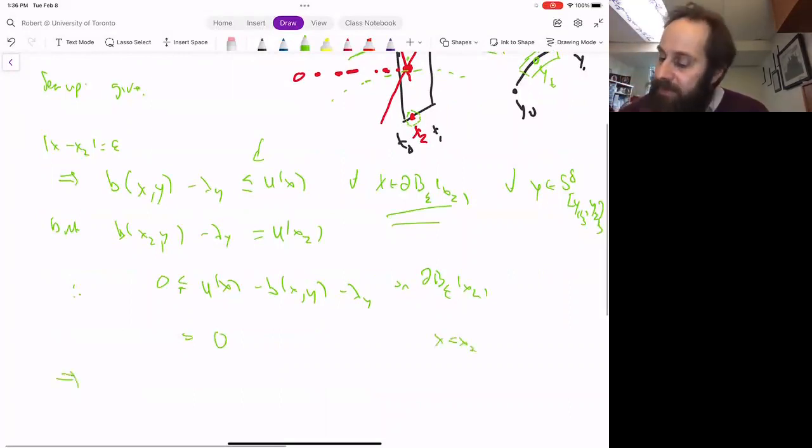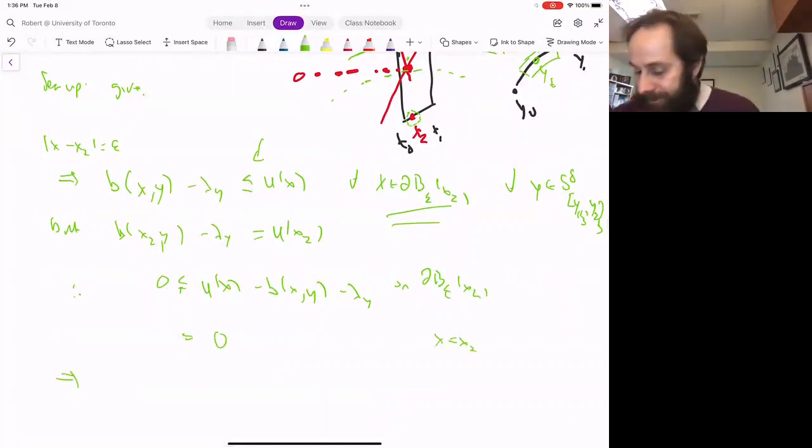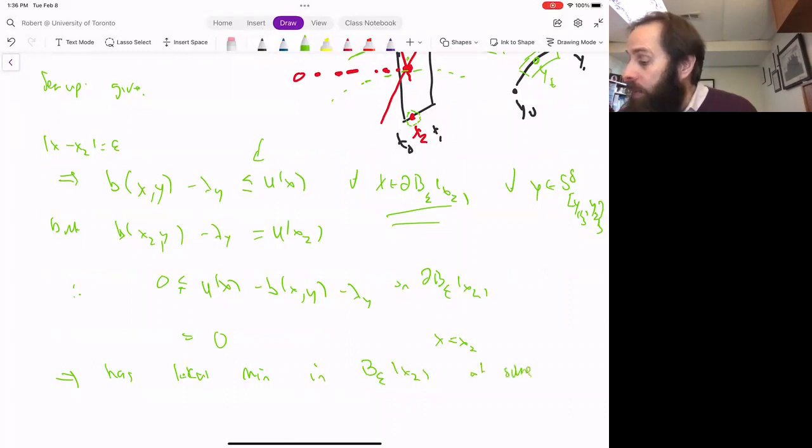And so that means it has a local minimum somewhere in the interior of the ball, since it's positive on the boundary, at some x depending on y.